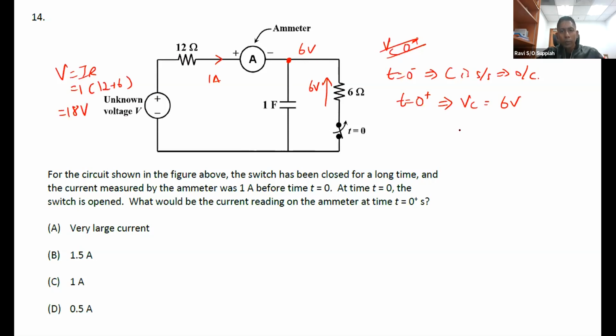When I open the switch, 6 volts will be seen here, so the current will be 18 minus 6 over 12 ohm, which is still 1 ampere. So the current at time t equals 0 plus is still 1 ampere.